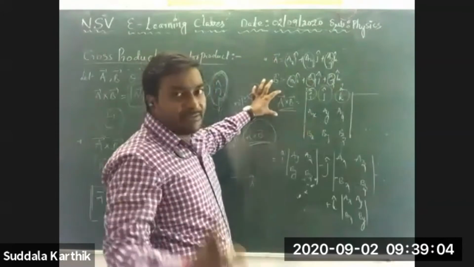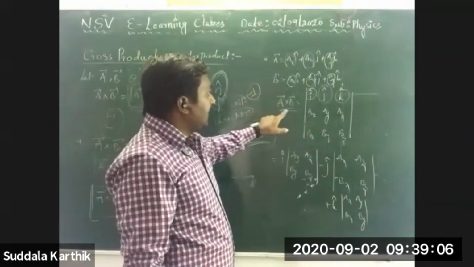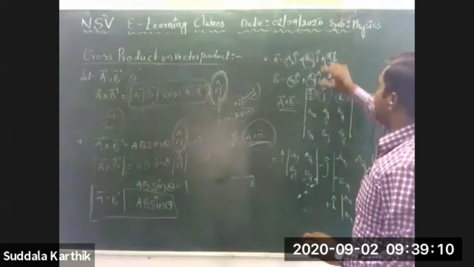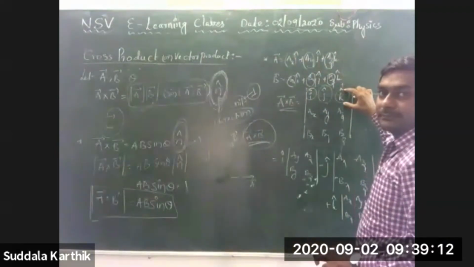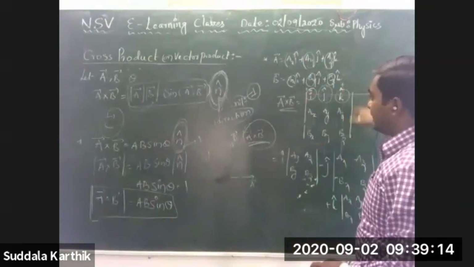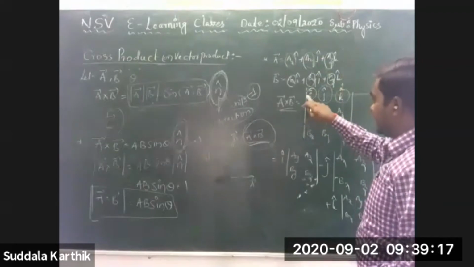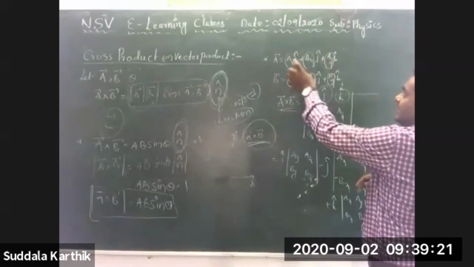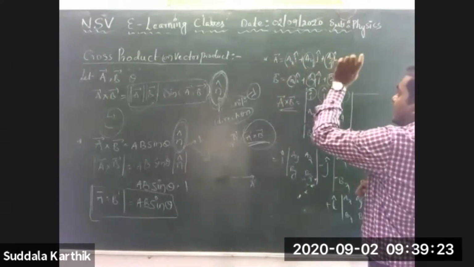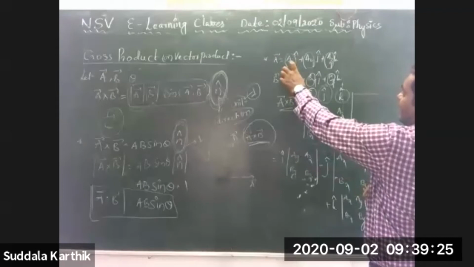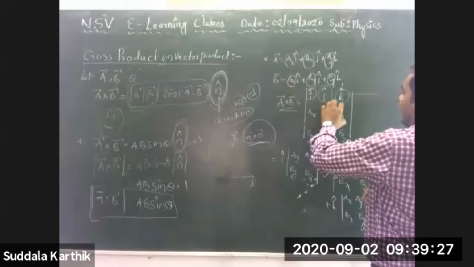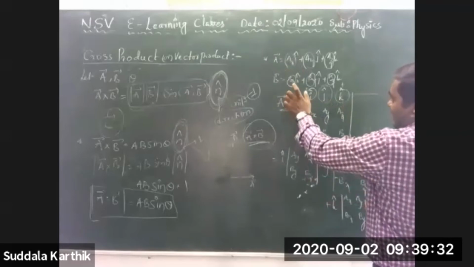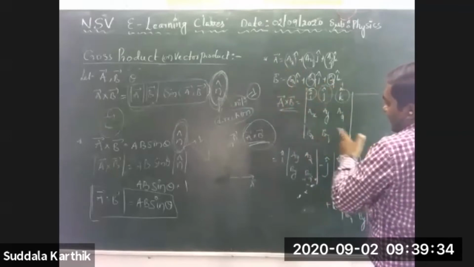There is one method: A bar cross B bar is equal to, first of all, you have to write I cap, J cap, K cap in the determinant, in the first row. In the second row, you write the components of the first vector, AX, AY, AZ. And in the third row, the components of the second vector are BX, BY, BZ.